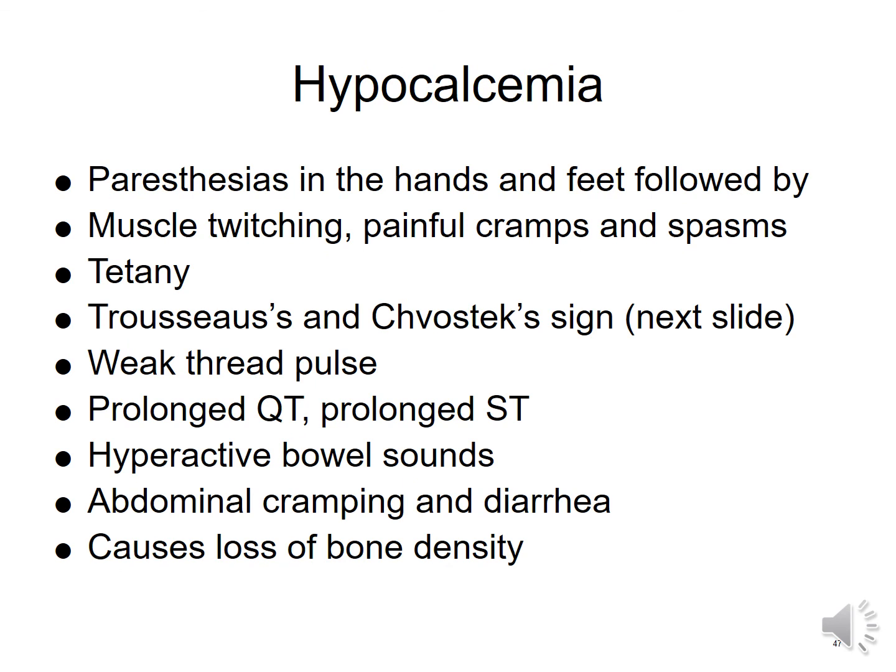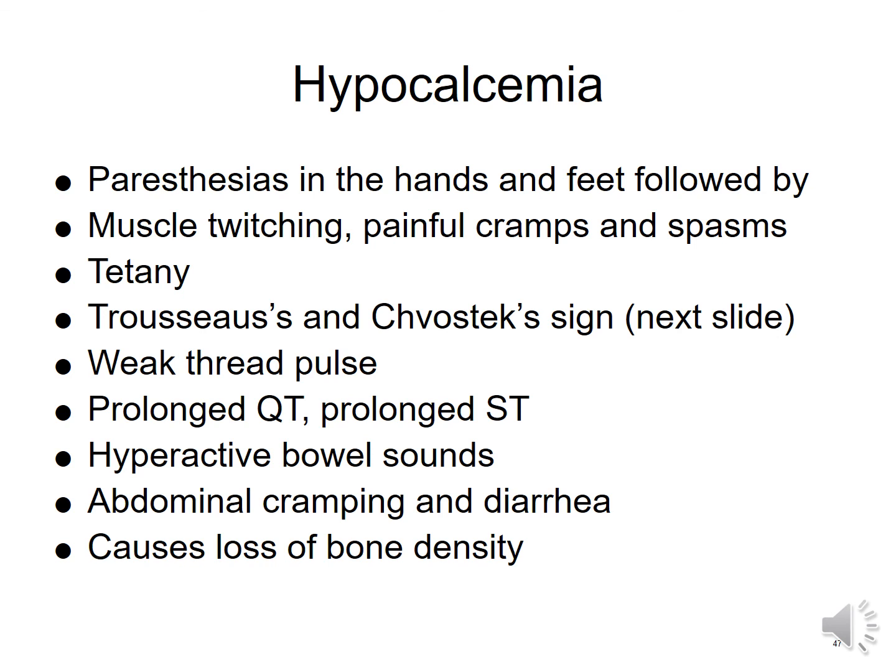With hypocalcemia, we're going to have paresthesia in the hands and feet, followed by muscle twitching, painful cramps and spasms. We can have tetany, actually. Trousseau's and Chvostek's sign. I'll show you those on the next slide. Weak, thready pulse. You're going to have a prolonged QT and a prolonged ST on your EKG.